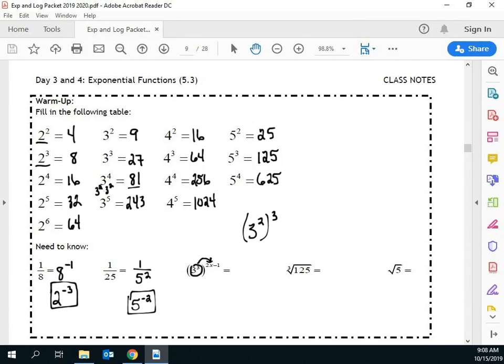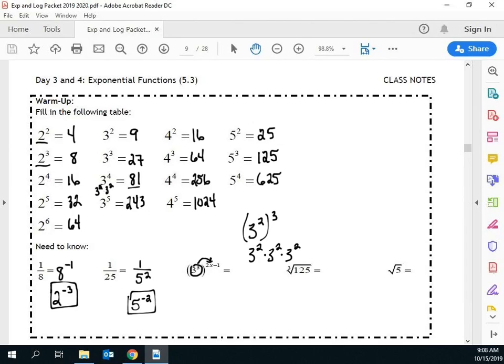What do you do with the 2 and the 3? Multiply them. Multiply them. Because if I was to write this out by hand, what do I do with all those 2's now? Be careful. You multiply them when they're raised to a power.